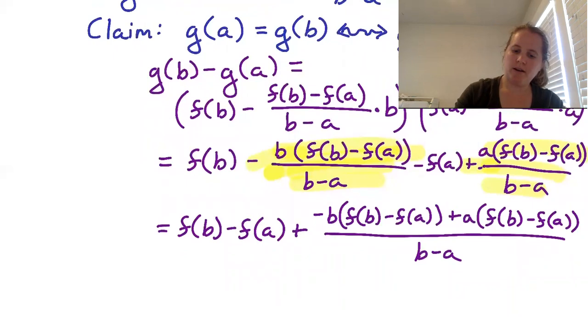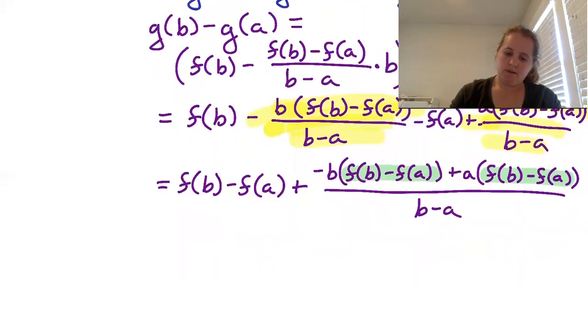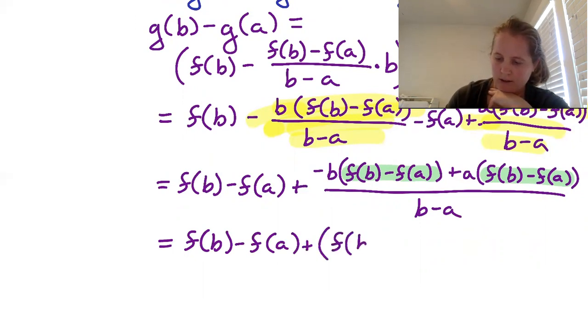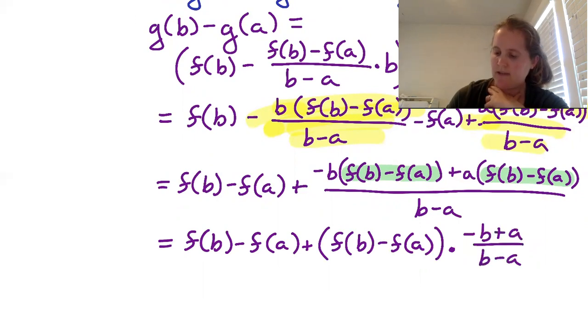We can factor out this common f of b minus f of a. So if we factor that out, we have f of b minus f of a, plus f of b minus f of a times negative b plus a over b minus a.